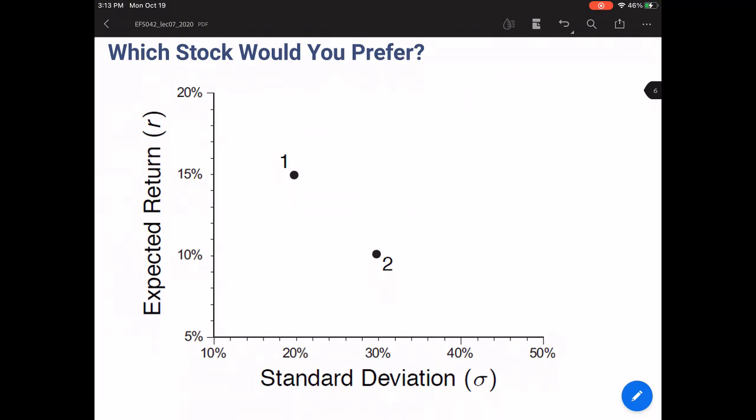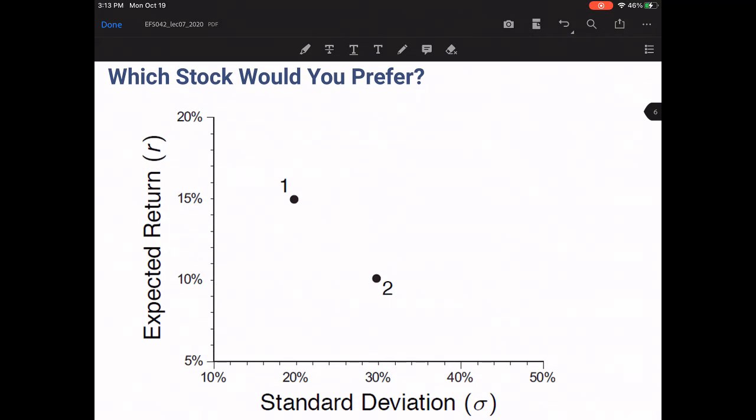Okay, so let's think about two types of investors, A and B, and let me draw some indifference curves, and we can figure out which portfolio is better off. Remember, portfolios are represented in two dimensions: return and variance. The question is, which portfolio would you prefer? Again, it depends on your preferences. Let's assume that we have an investor A with a steeper, more positive slope indifference curve.